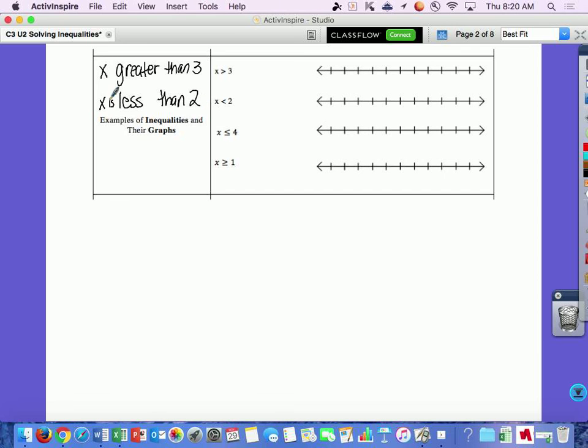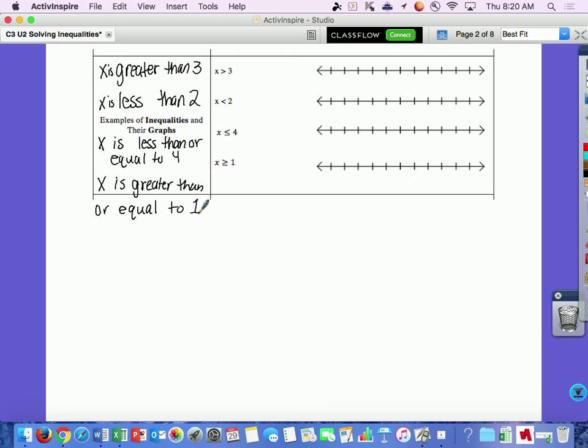Okay, that's how that is read. Okay, this one is going to be x is less than or equal to 4. And then this last one is going to be x is greater than or equal to 1.